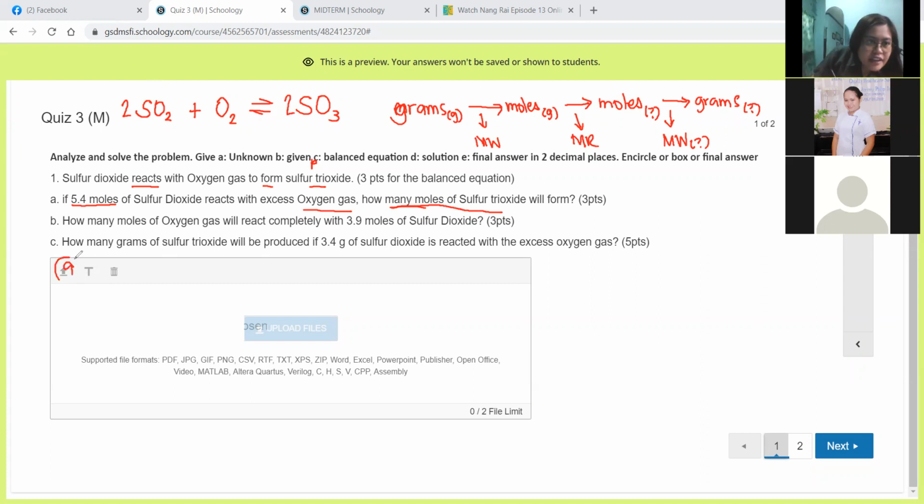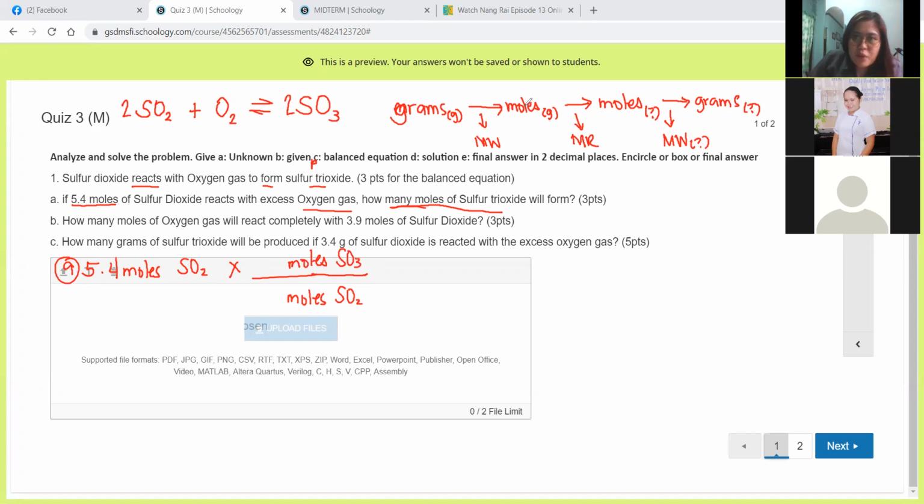So for letter A, the given is 5.4 moles of sulfur dioxide. You have to remember that the unit must cancel, so sulfur dioxide goes below, and what is asked is the moles of sulfur trioxide.